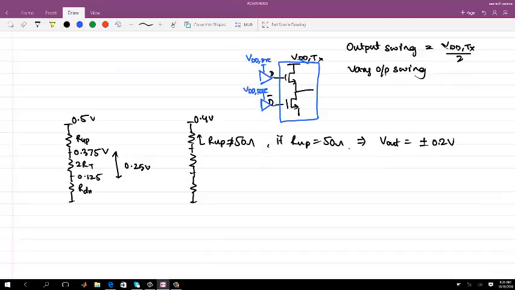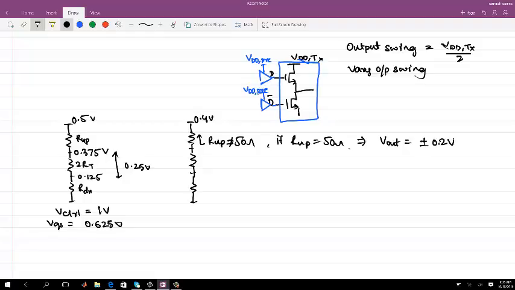So just for example, if V control is equal to 1 volt, your VGS, let's look at the up side, is 0.625 volt.